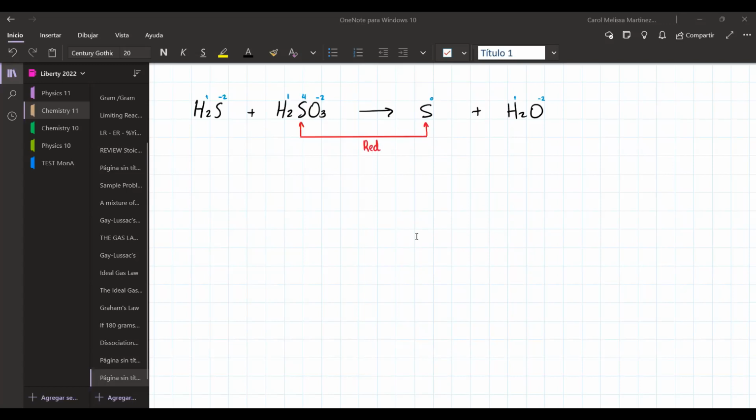And the oxidation occurs when the other sulfur that was negative ended up with a value of 0, which means that this is the oxidation.